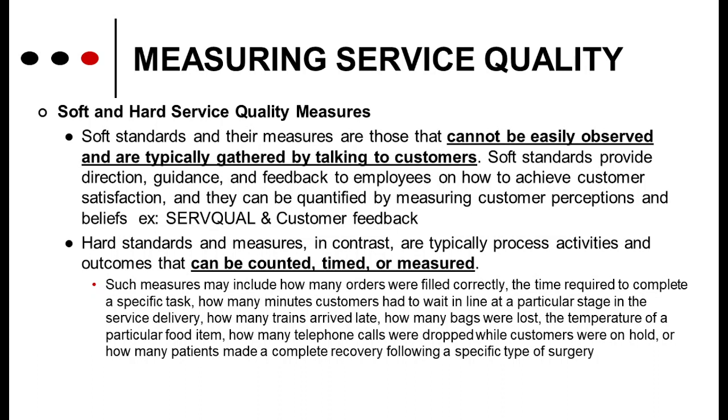The time required to complete a specific task. This is very generic and applies to any service organization. How many minutes customers had to wait in line at a particular stage in the service delivery. When I say wait in line, it could be in airline service, banking service, governmental service, or even your restaurant service.